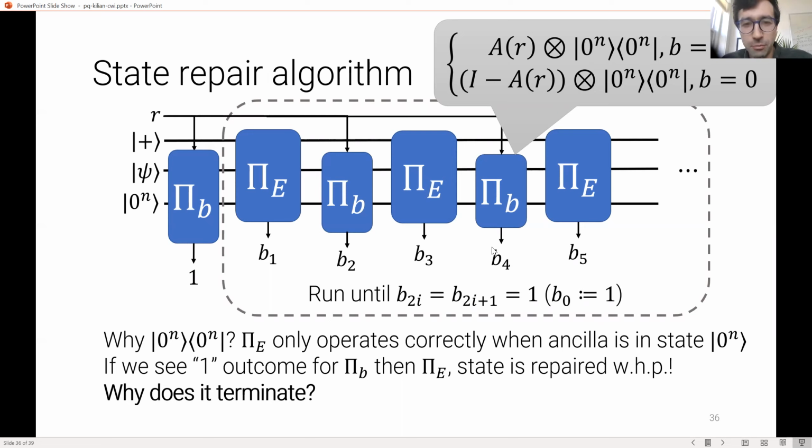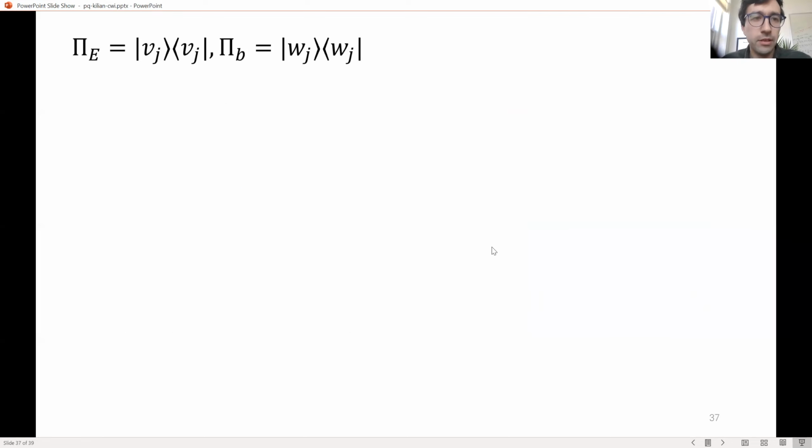This is once again alternating projectors, and so we're going to analyze it in the same way as we did the probability estimation procedure. So let's say that pi sub e is the sum over j of the projections onto the vj's, and pi sub b is the sum over j of projections onto the wj's.